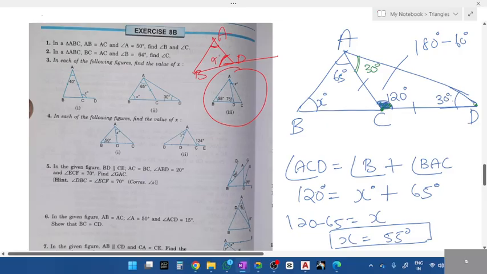Then angle BDA is 75. How will you find the other angle at D, the exterior one? If you place a protractor here, 180 minus 75, then you'll enter into the next triangle. When you enter into the next triangle, use sum of interior angles once again and you'll get all the values. Clear? That is how you find the value of x.